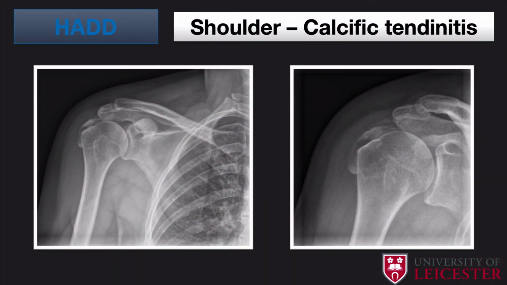So here we've got the shoulder joint, and I've covered basic anatomy of the shoulder in my earlier upper limb video, so please do refer to that if you haven't seen that already. But you've got this calcific deposition just outside of the bones, within the soft tissues.